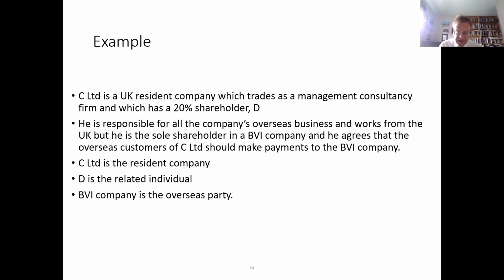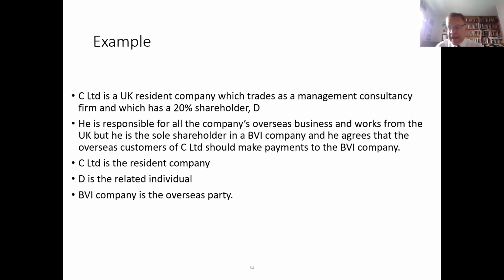So C Limited is doing the work in the UK, and therefore it's UK source income, but the payments are made to a BVI company. And he's thinking, overseas customers, overseas company, what is the issue? But the point is that the money should have been paid, under normal commercial circumstances, to C Limited. On that basis, C Limited is the resident company, D is the related individual, and the BVI company is the overseas party.